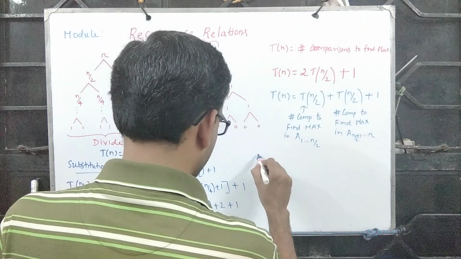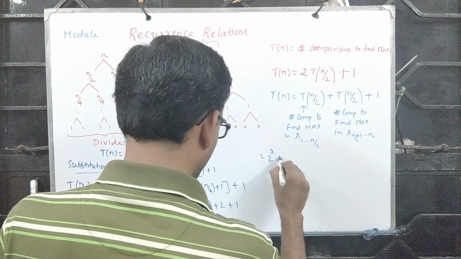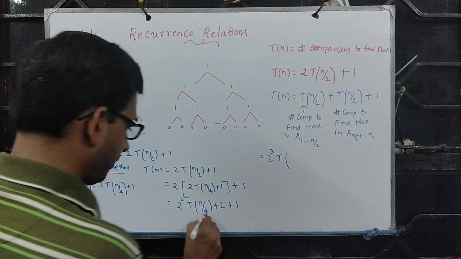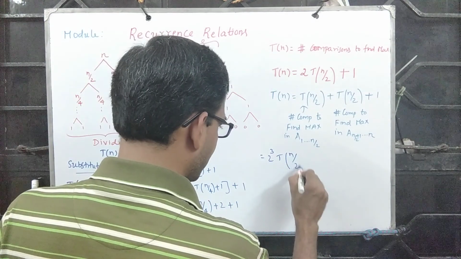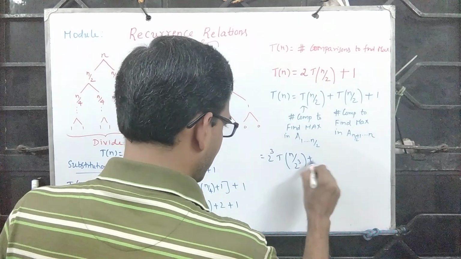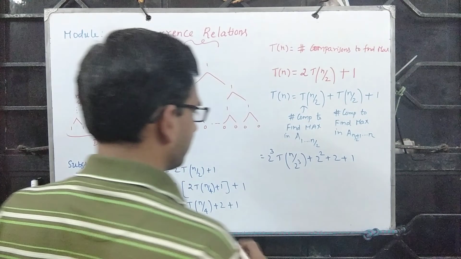Go to the next iteration, and in the next iteration this will become 2 cube. T of n by 4 is n by 2 square. Next iteration it will be n by 8 or n by 2 cube, and we will have 2 square plus 2 plus 1.